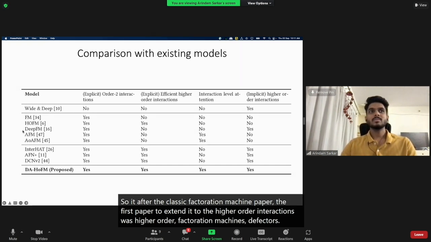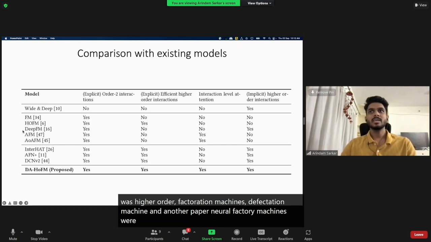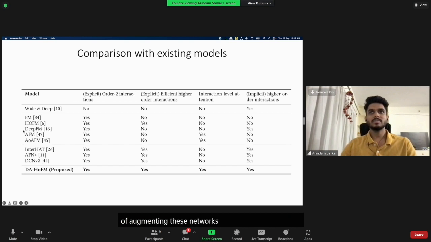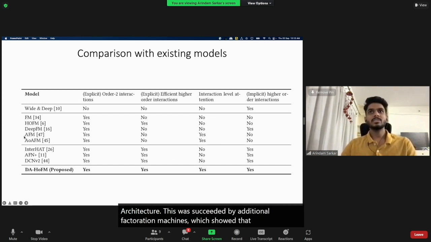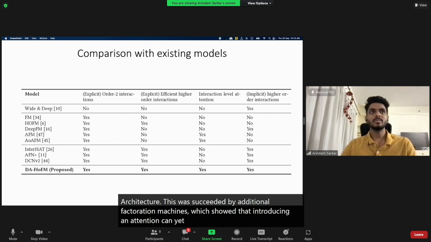Deep factorization machine and another paper, neural factorization machines, were two of the early works that showed the benefit of augmenting these networks with a neural network architecture. This was succeeded by attentional factorization machines, which showed that introducing attention can further improve models' performance.